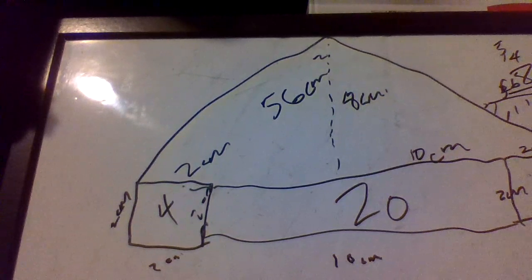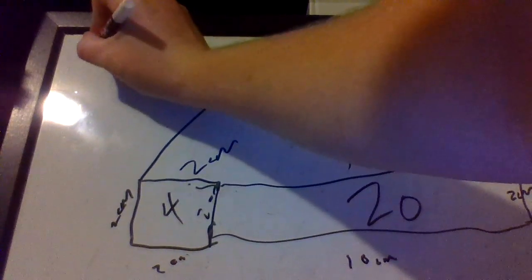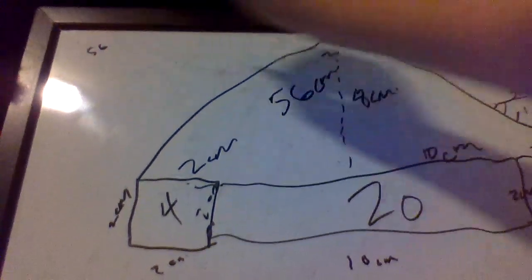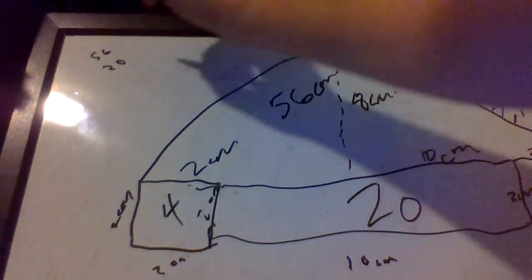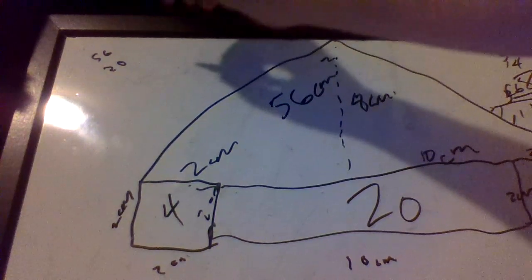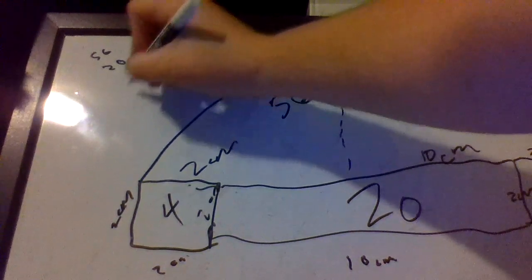Now, we've got one more step. This is our final step, I promise. We've got to add all these numbers to get the total area for this entire shape. So 56 plus 20 plus 4 plus 4.